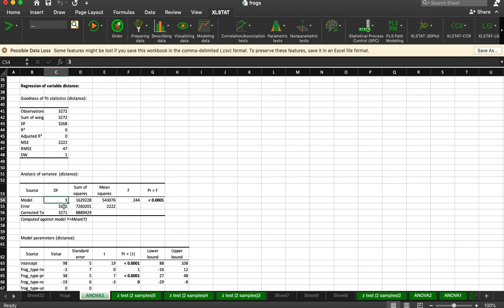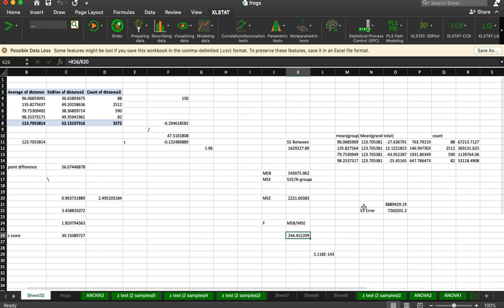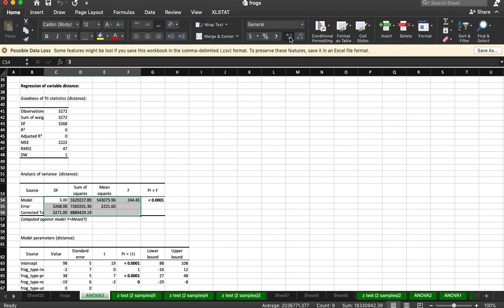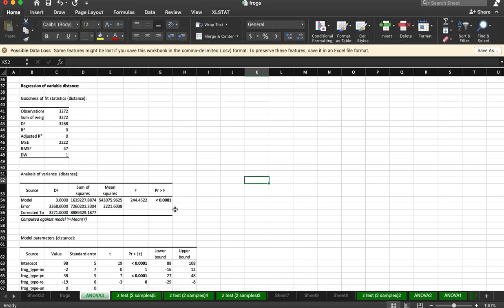There's our degrees of freedom, and you can see all these values are the same things that we calculated, just organized slightly differently, and they don't show the digits. They round to the largest number. There we go. Awesome. So we can calculate it by hand using lots of steps, or you can calculate it using XLSTAT, which is a lot faster and easier. But there we go.